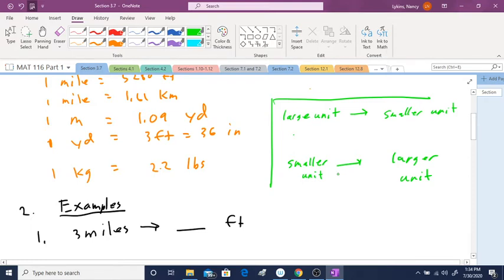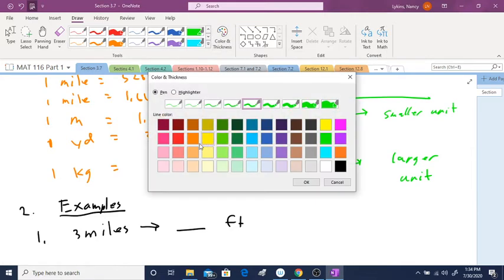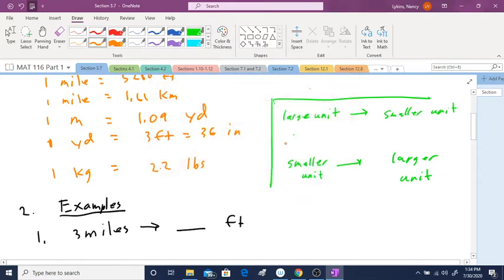Okay, so I want you to think about the large unit in smaller units. Think of a big case of Mountain Dew. The big unit, maybe it has 24 cans in it.